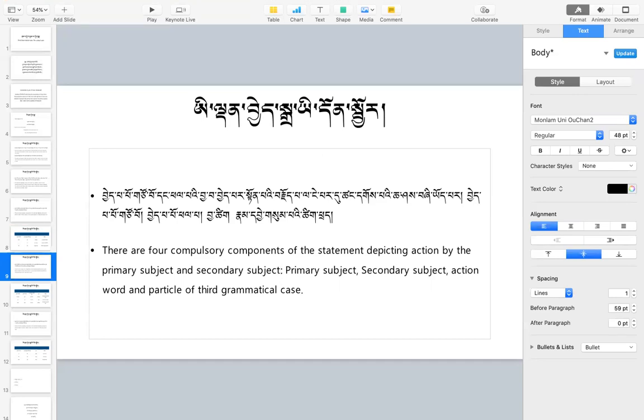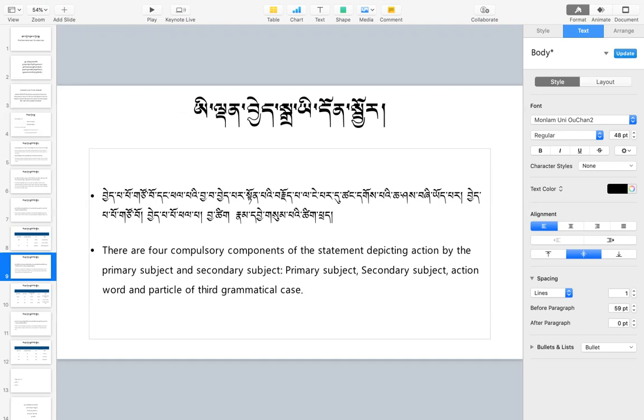So even though we say that it is an action by primary and secondary subject, understand that the more priority, the more focus, the more precedence, the more authority lies with the secondary subject here. That is, the action which has been completed is due to the direct involvement of the secondary subject. So therefore, secondary subject takes more precedence, more authority in this type of sentence, meaning that the verb or the action belongs to the secondary subject.